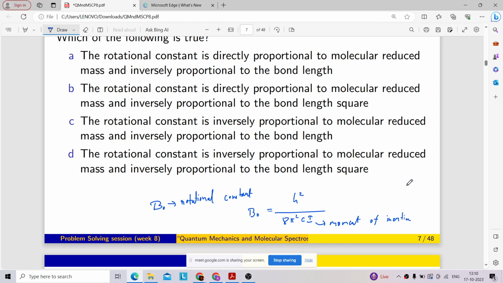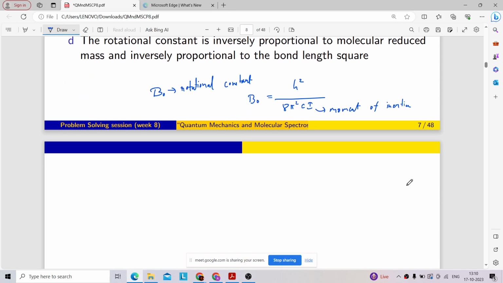Now we know moment of inertia we can write as mu times r naught square, where this mu is the reduced mass, and r naught is the bond length.